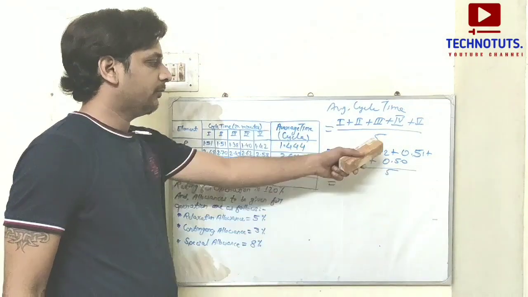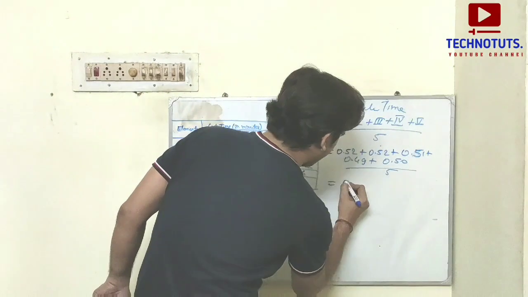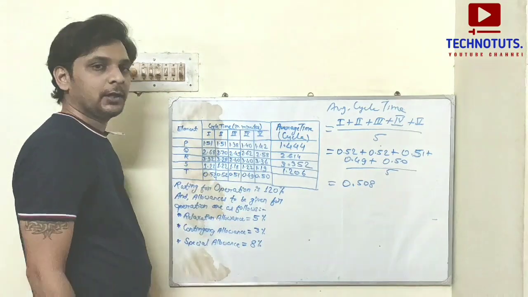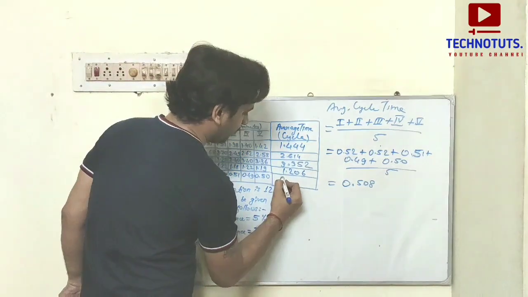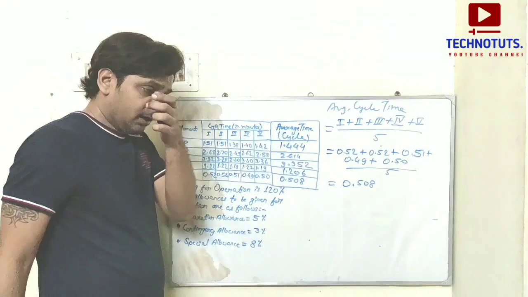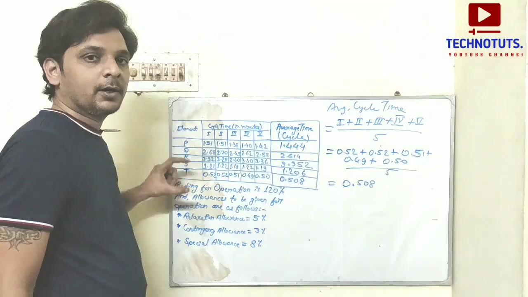On adding all these values and dividing by 5, the value obtained is 0.508. So this value is the average cycle time of element T. Let us put this value over here, 0.508. Now we have obtained the average cycle time for all these elements P, Q, R, S and T.